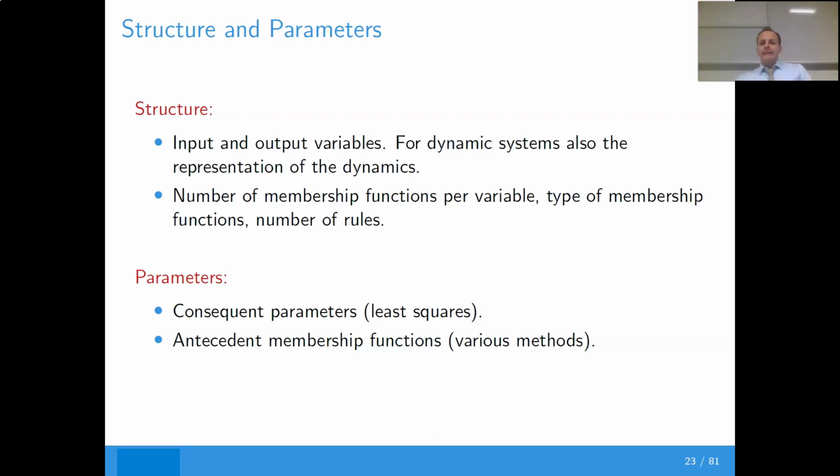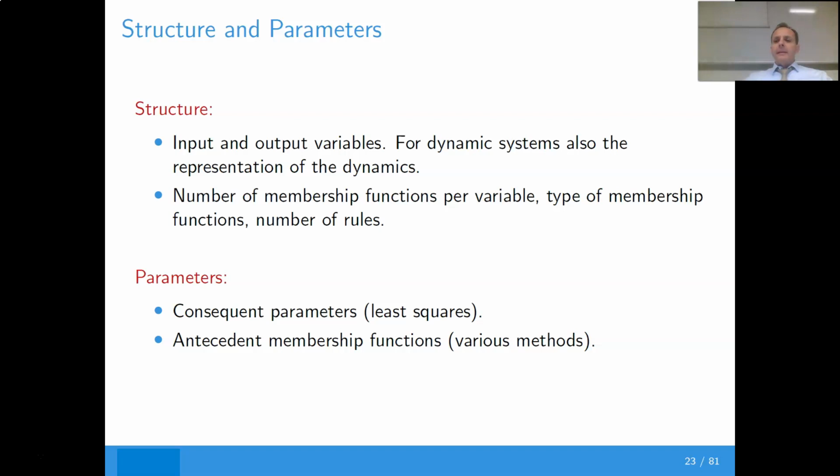And the structure depends on the number of membership functions, which is defined one per variable, the type of membership functions, and also another important point, the number of rules that will be used for approximating our process. While the parameters are represented by the parameters of the consequent variables, and they will be derived using the least square, or a very simple least square approach.